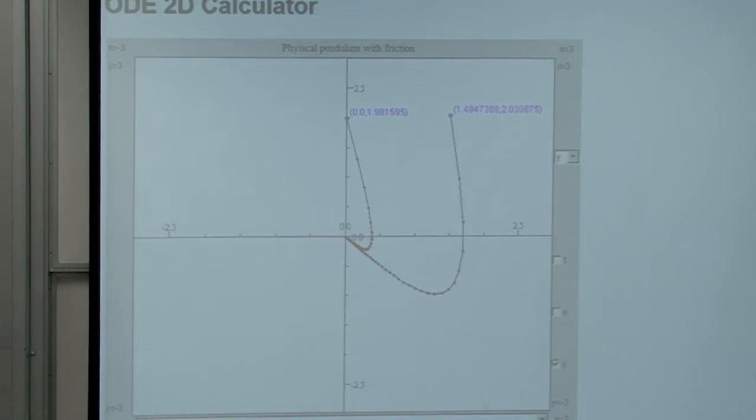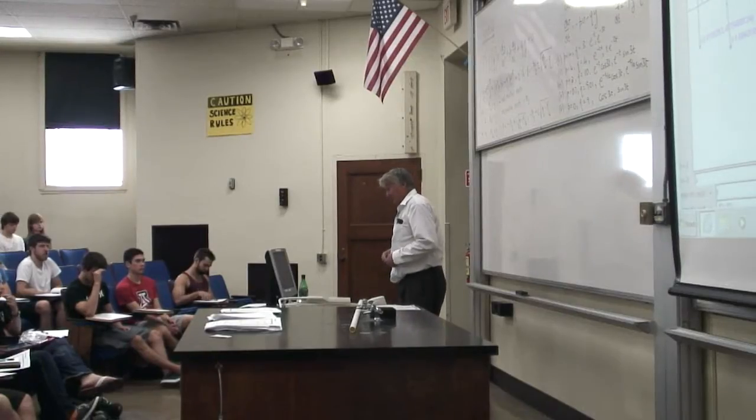Okay, each unit, by the way, is a half point. So this is like x is 1.5 and y is about 2. But look how they're all coming in along this direction. Except when I go down here, it goes in that direction, and here, this direction. Now, I'd like to understand this.